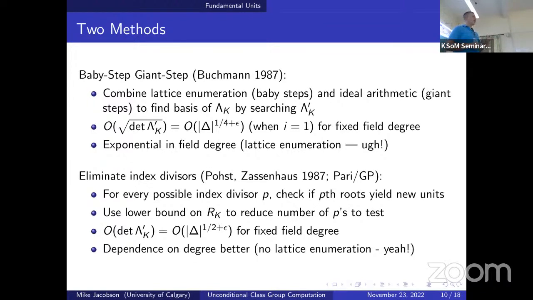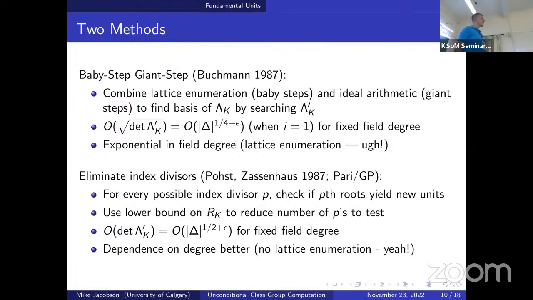For every prime, you basically have to do just R pth root tests, one for each one of the units that you have. And they have a clever way of constructing the things that you want to test. And then the pth root test is basically: you move to the log lattice, you get the log vector of a particular unit, you just divide the coefficients by p, and you look at the magnitude of the log vector of the unit.